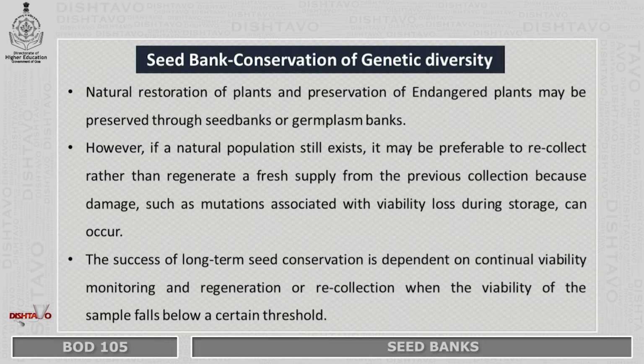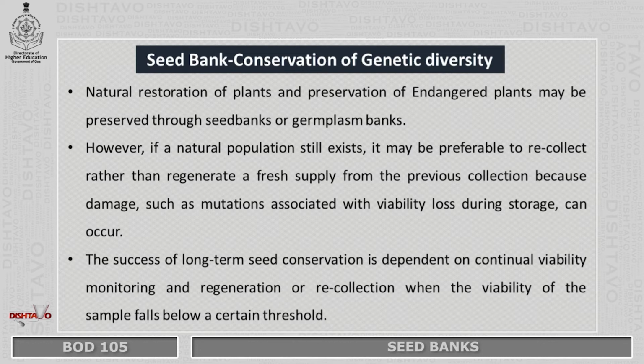We see that if natural populations are still existing, we need not go into storing the seeds and using the same for propagation. Rather, it is preferred to recollect the seeds from a fresh supply rather than using the previous collection, because damage may occur or mutations may also occur which are associated with viability of the seeds.